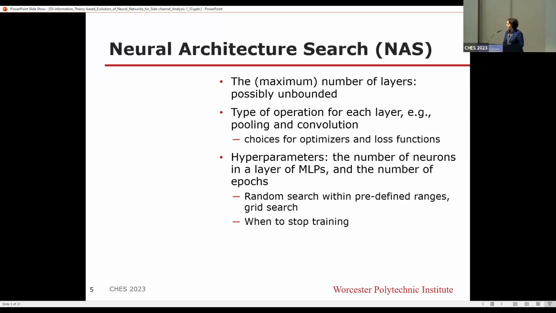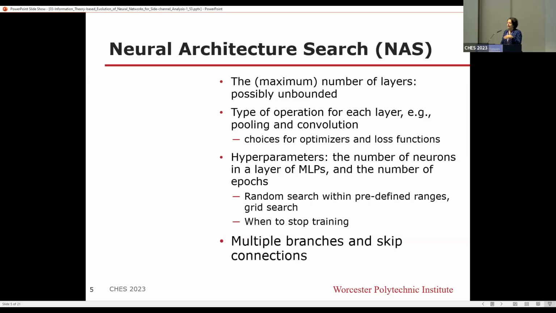As an example, if you're talking about convolutional neural networks, what kind of filter size should be chosen? What are the loss functions to think of? And one can go even one step further and try to tune the hyperparameters. That means the number of neurons in one layer, when to stop the algorithm, and so on. Those are all different levels of NAS, neural architecture search. So different layers, different possibilities.